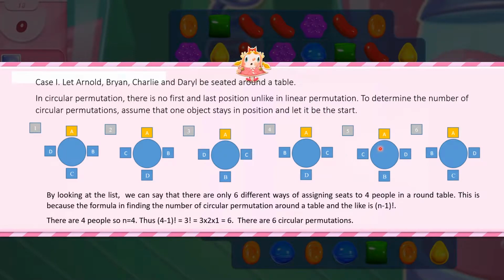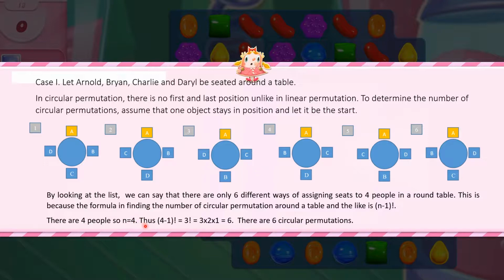As you can see, looking at the list, we can say that there are only 6 different ways of assigning seats to 4 people in a round table. This is because the formula in finding the number of circular permutations around a table and the like is n minus 1 factorial. There are 4 people, so our n is equal to 4.